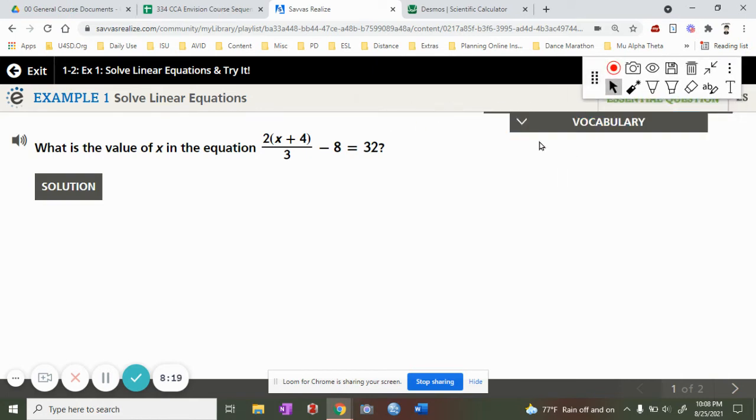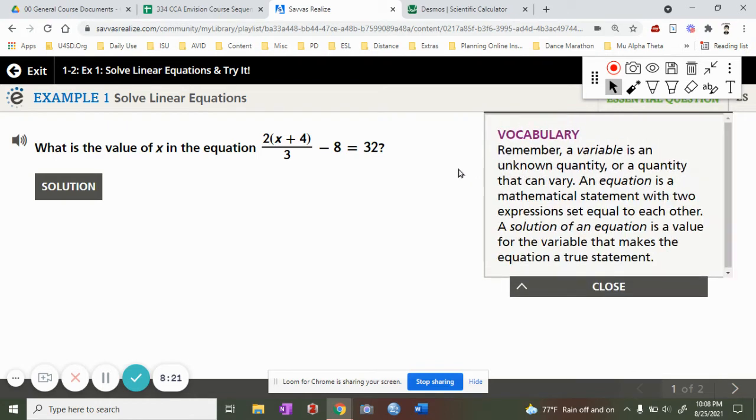There's a vocabulary hint. So remember, a variable is an unknown quantity or a quantity that can vary. An equation is a mathematical statement with two expressions set equal to each other. It has an equal sign.